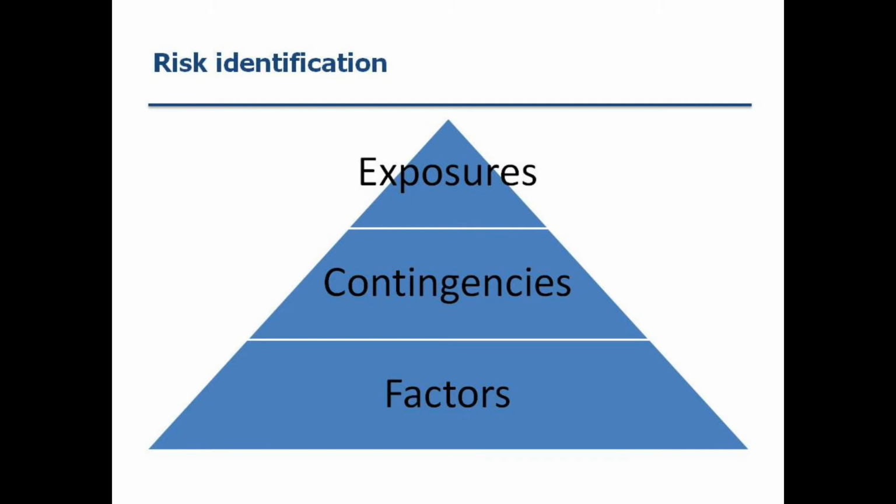So knowing what you're exposed to, what likely risks are going to be present, what contingencies can you put in place, and what factors do we need to put in place to ensure that we can overcome a lot of the adversity of potential risk. So the important factor is to really know what types of risks we are being exposed to.